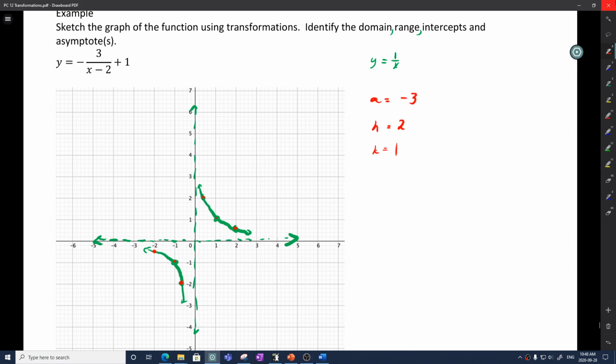There are my values a, h, and k. Right? So I'm going to just rewrite this in another way. I could also write this as y is equal to negative 3 over x minus 2 plus 1. That would be another way, which makes that much more apparent. So there are 4 different transformations. We need to reflect this about the x-axis.